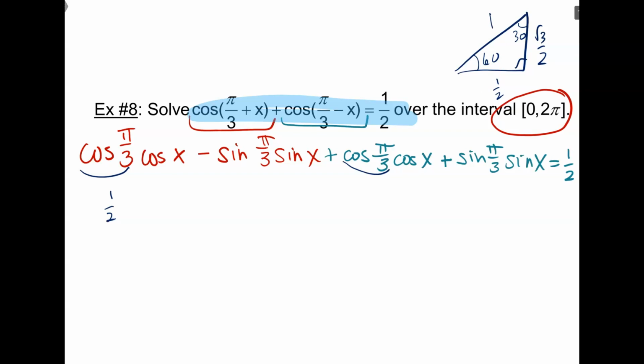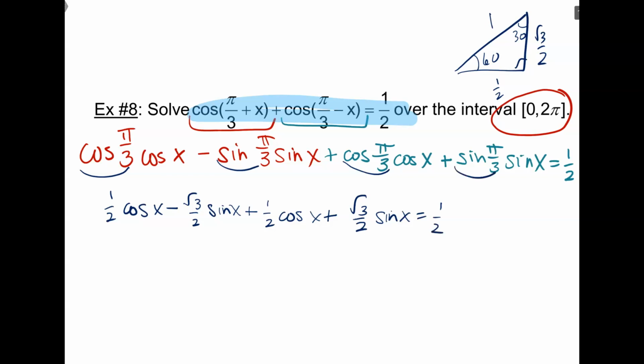So I have 1/2 cosine x minus, what is sine of pi over 3? Sine of 60 is root 3 over 2. So root 3 over 2 sine x, plus cosine of pi over 3, which is 1/2 cosine x, plus root 3 over 2 sine x equals 1/2. All I did was input root 3 over 2 for sine of pi over 3.